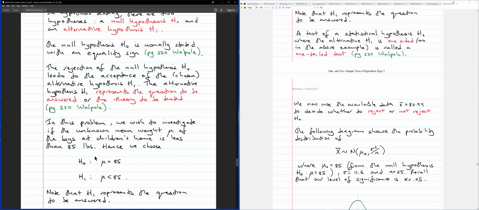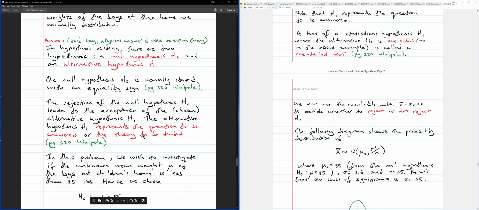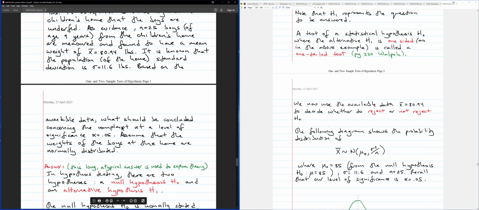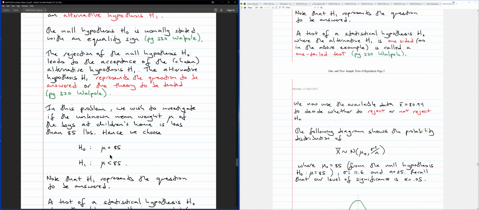You're going to assume that X bar has a mean of 85, and you use the evidence in the problem, in particular the value of the small x bar, to decide if this is a good assumption.